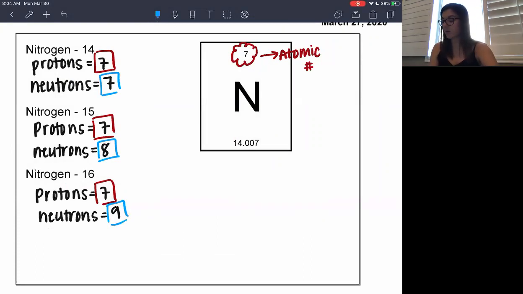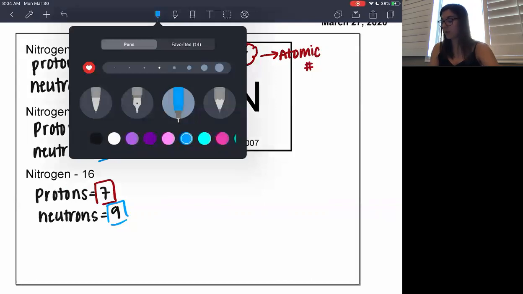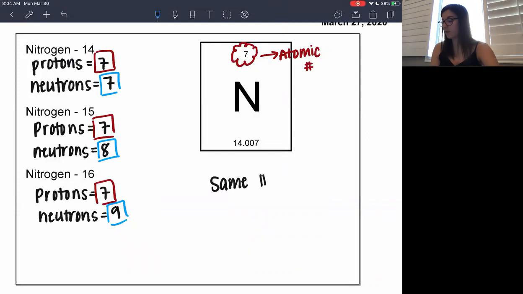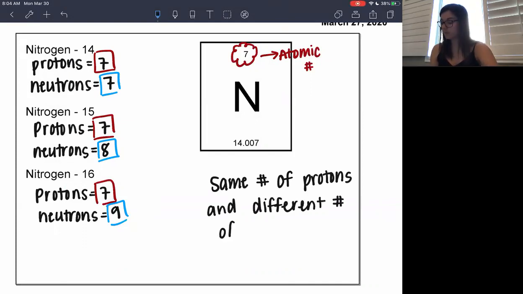I'm going to write that in the corner. Same number of protons, and they have a different number of neutrons. As long as we're looking at atoms with the same number of protons and different number of neutrons, we are going to be looking at isotopes.